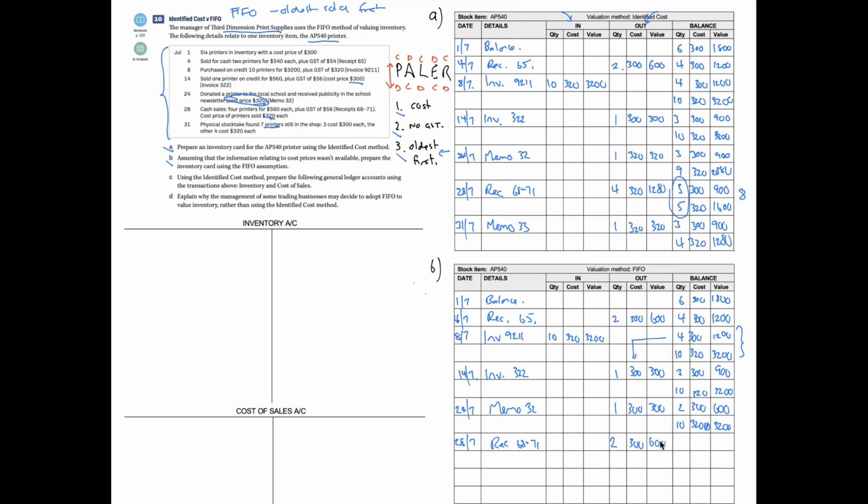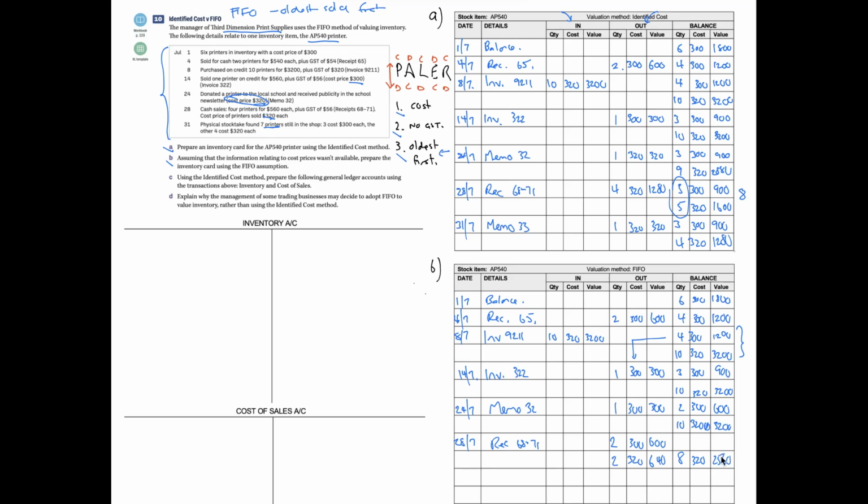We don't have any more of them left. We still need to find two more. They were our $320 ones, because they're our next oldest ones listed. So $640 of value leaves, leading us to now only having 8 of the $320 ones, $2,560.